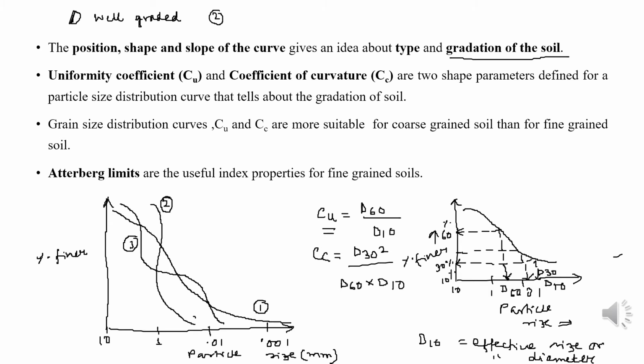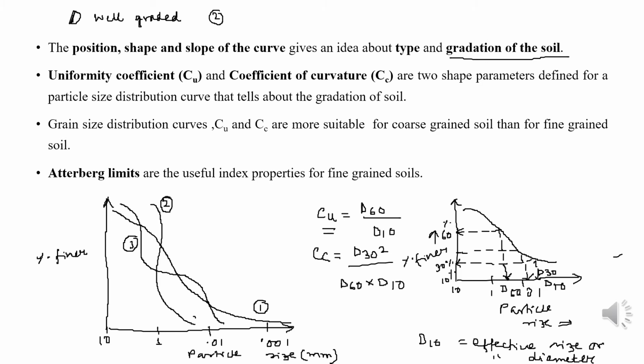That is, it has an excess of certain particles or deficiency of certain particles, or it has most of the particles about the same size. And when the particles are of the same size, it's called a uniformly graded soil, and it has more excess or deficiency of certain particles.